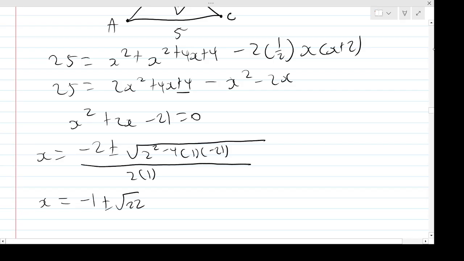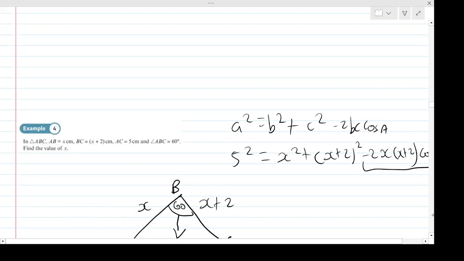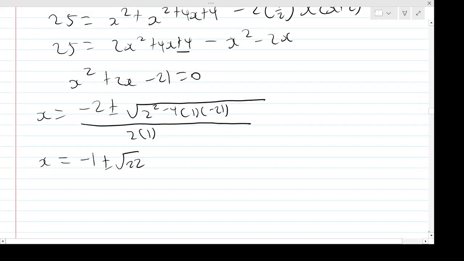It doesn't seem to round to anything. We've got 2 solutions here, but it's only talking about one solution. If I put this as a decimal, minus 1 plus root 22, the calculator tells me that is 3.69 something.